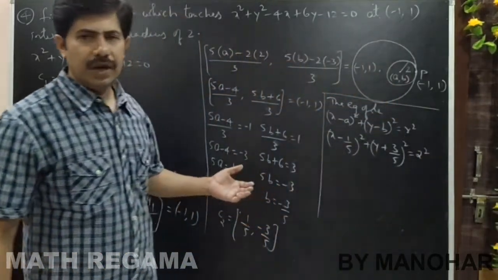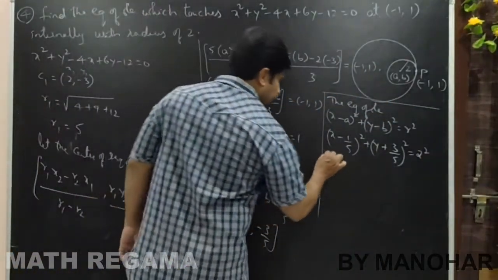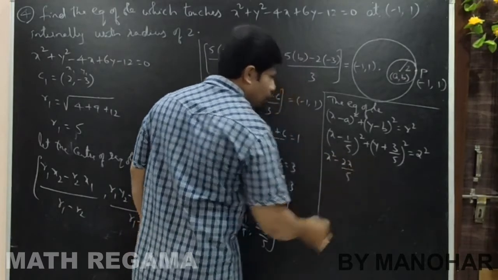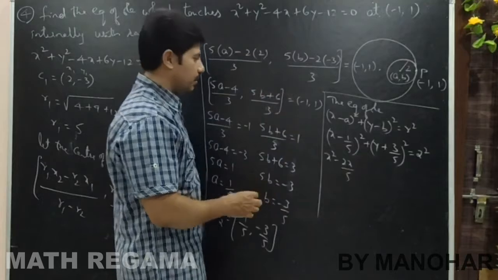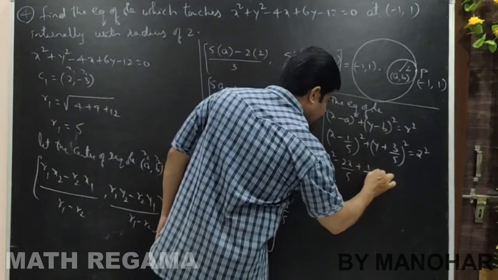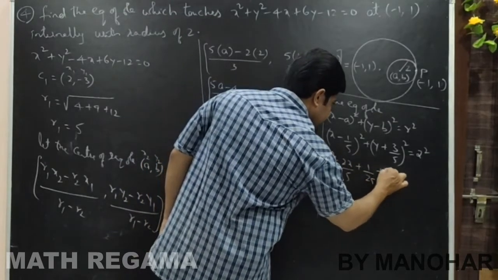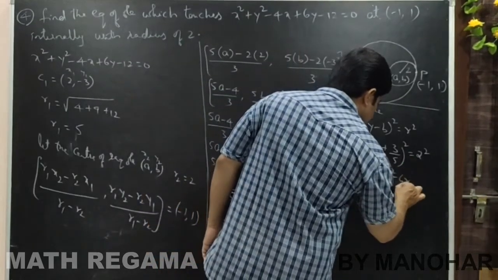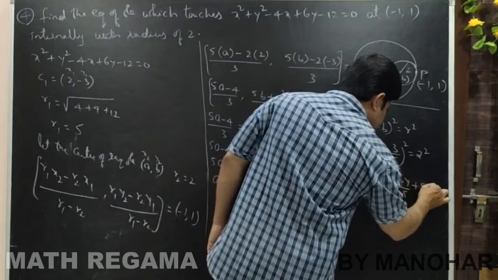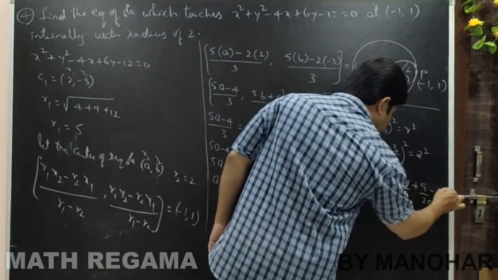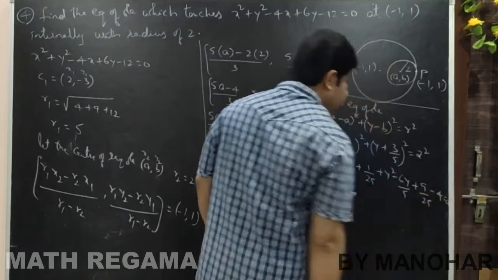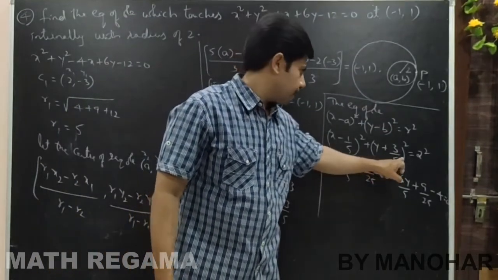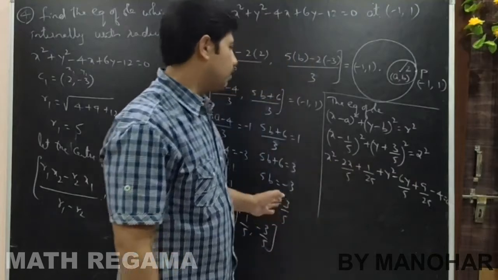Okay. Now we'll expand this. x square minus 2x into 1/5 plus 1/25, plus y square plus 6y/5 plus 9/25 minus 4 is equal to 0. We expanded. So here I'll take the LCM.